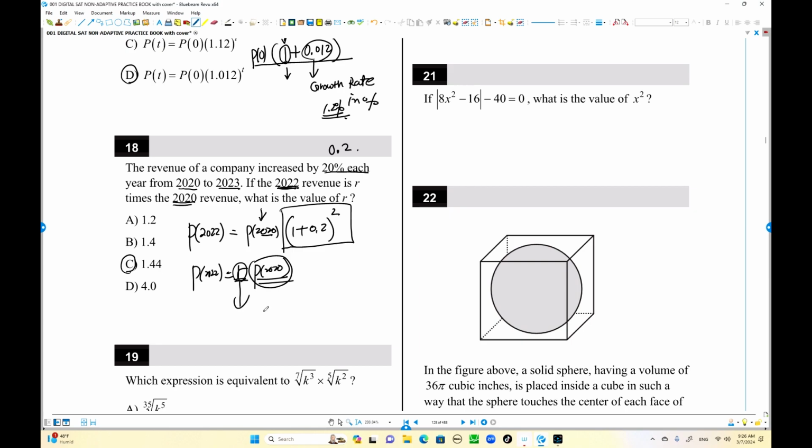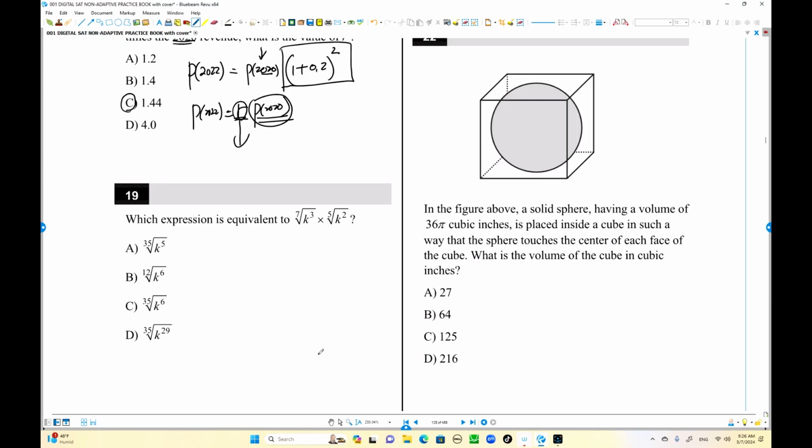That is number 18. Number 19, we have two radical expressions with different index numbers. One is 7, the other one is 5. To simplify this, we first need to express them in exponent form, okay? What is the exponent form of this one?